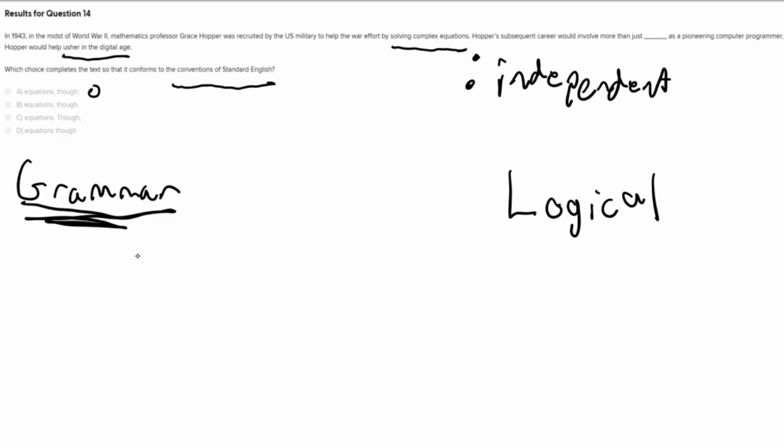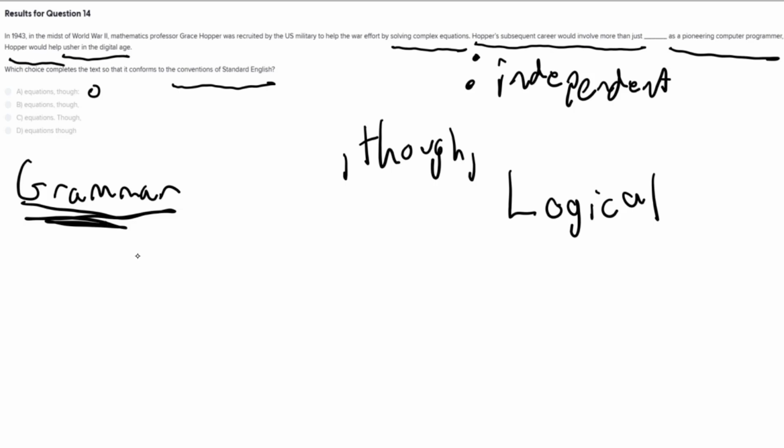Then B says equations with a comma, though. This is a big no-no. You can never separate two independent clauses this way. An independent clause is basically a full sentence. Hopper's subsequent career would involve more than just equations, though. That's a full independent clause. And then as a pioneering computer programmer, Hopper would help usher in the digital age.